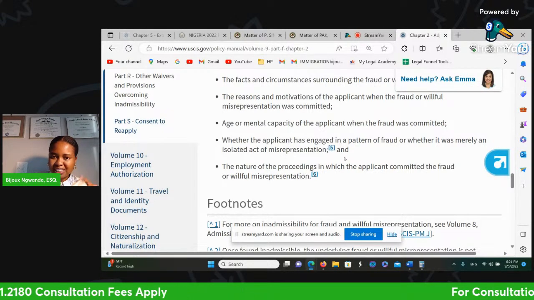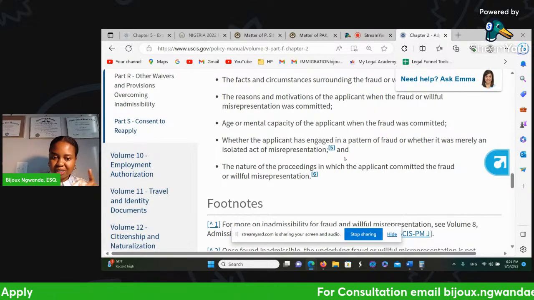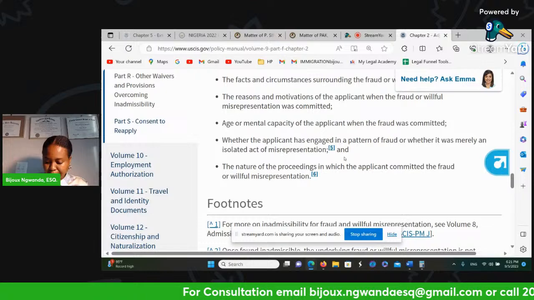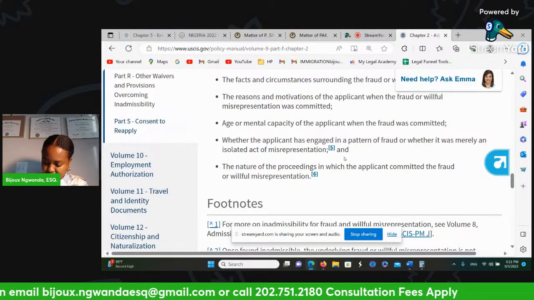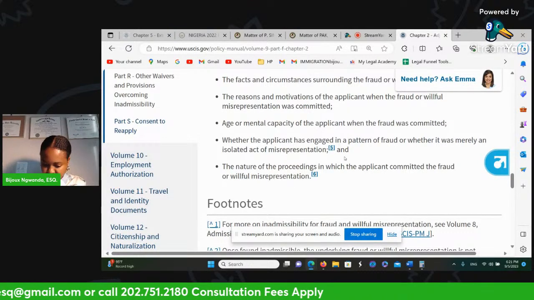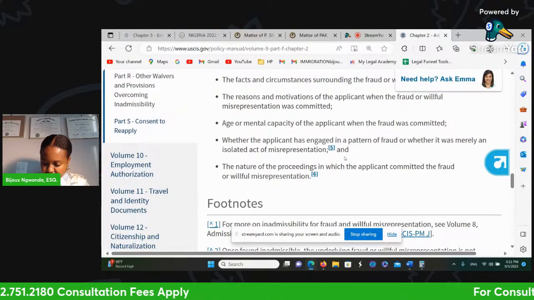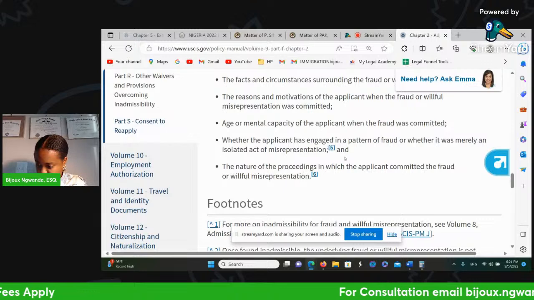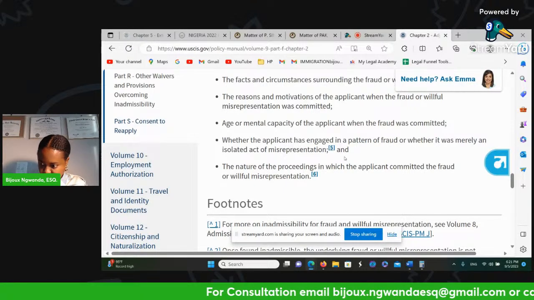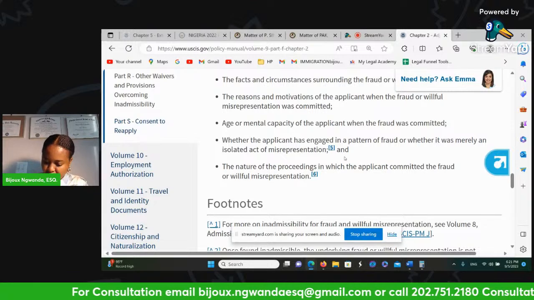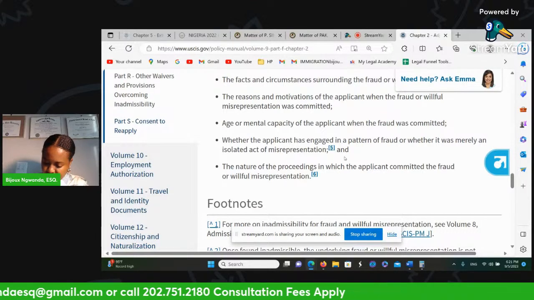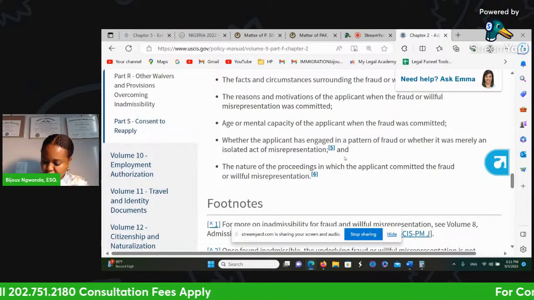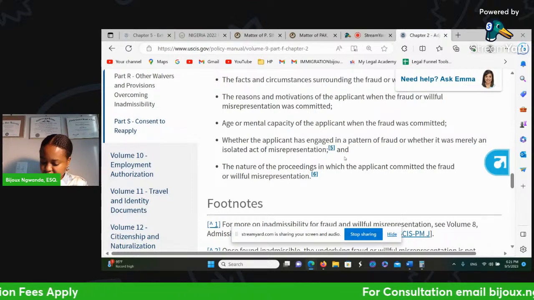On Thursday I'm going to talk about why a U.S. citizen child is not a guarantee to get a green card. Let me write it down. I-751, and then we're going to talk about why a U.S. citizen child is not a guarantee to get a green card.